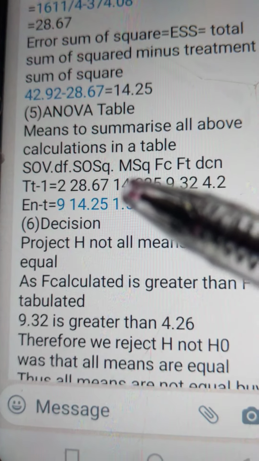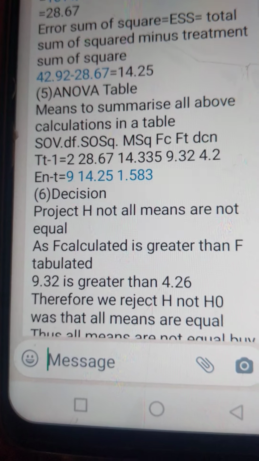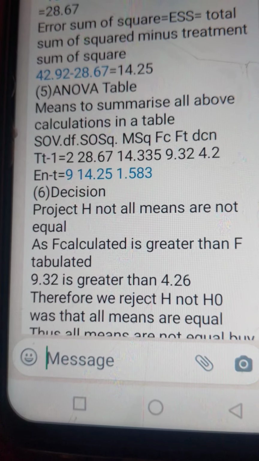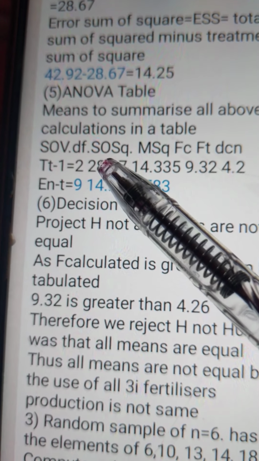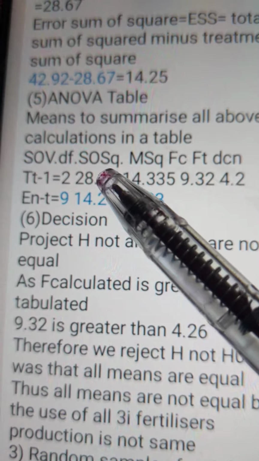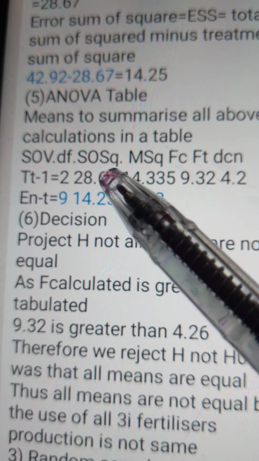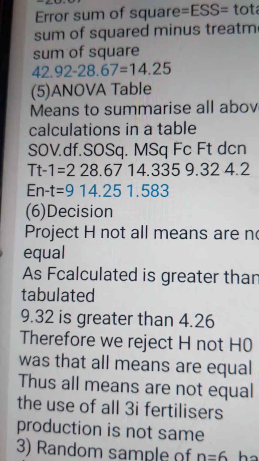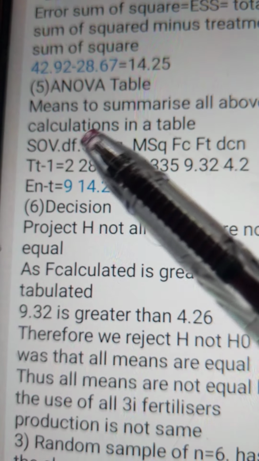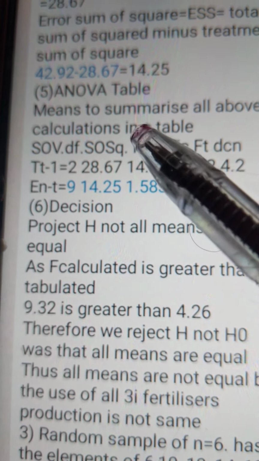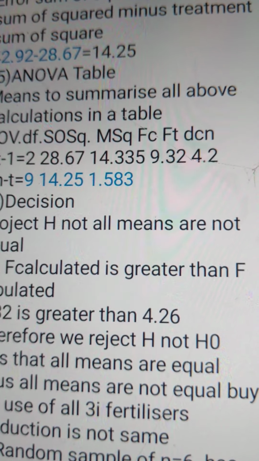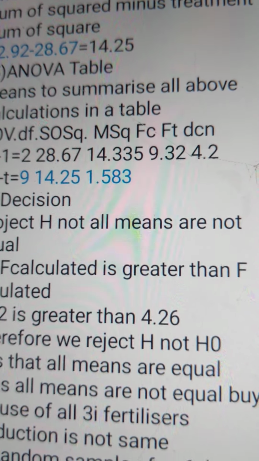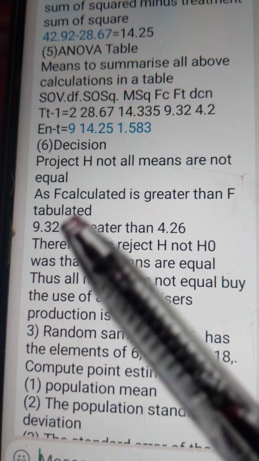To summarize all the above calculations in a table is ANOVA. Here are the source of variation, then degrees of freedom, then sum of squares, mean square, F calculated, F tabulated, and then the final decision.